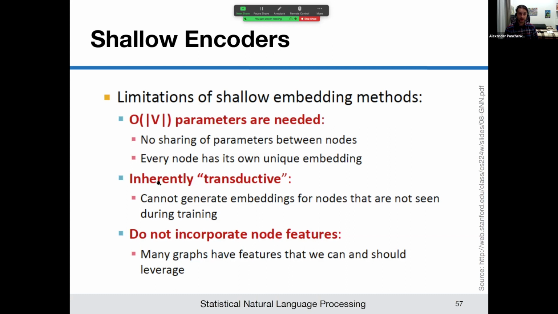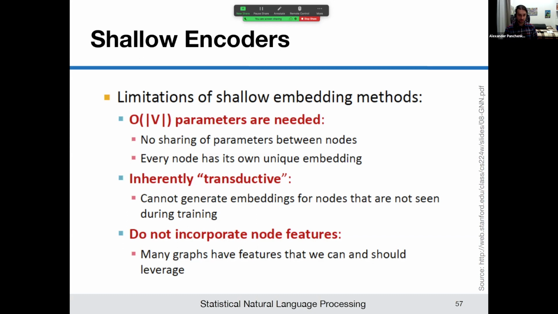Then another big disadvantage is that you really have to fix the graph beforehand. If a new node joins the network, let's say you have a network which describes words, but then you have a new word, let's say selfie, which became popular maybe in 2013 or 2014, how would you describe this word?